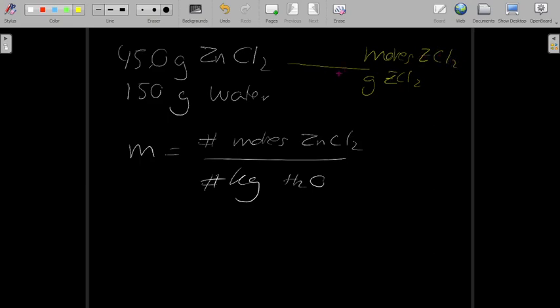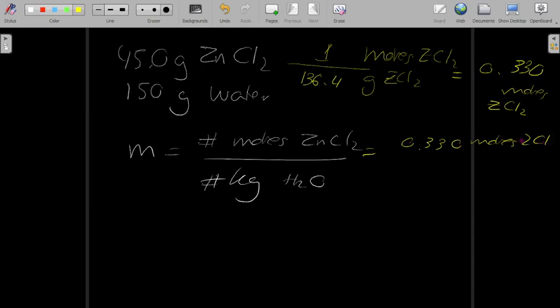I go to my periodic table and I start adding AMUs, and I know how many grams are in a mole, and that is 136.4, meaning when I do my math that I have 0.330 moles of my solute. So I have the first section done, 0.330 moles of that zinc chloride.